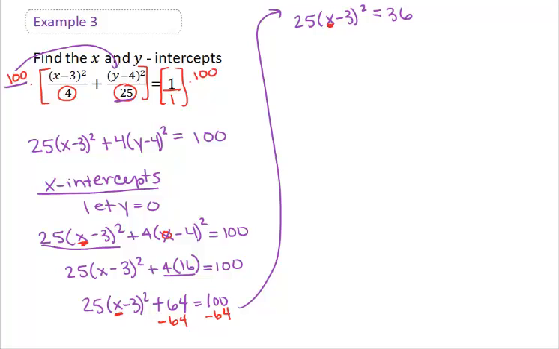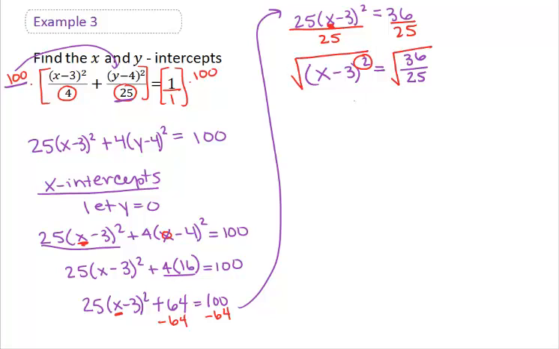Again, I'm trying to isolate my x variable, so I do that by dividing by 25 on both sides. Gives me (x minus 3) squared is equal to 36 over 25. To get rid of my square, I take the square root on both sides, which forces in a positive and a negative.